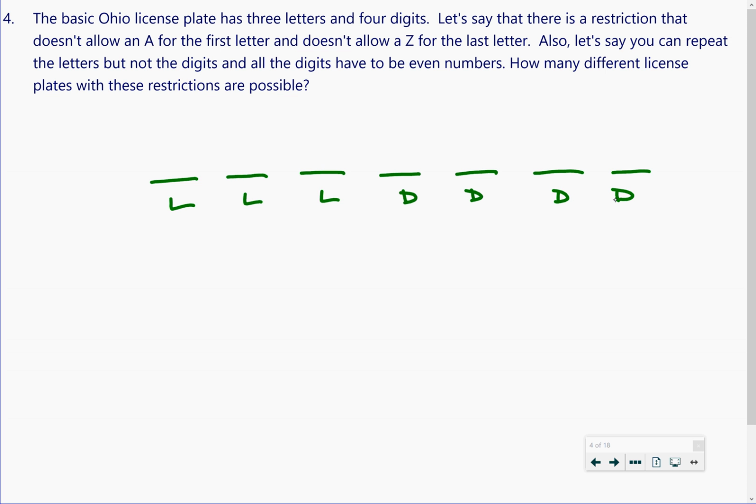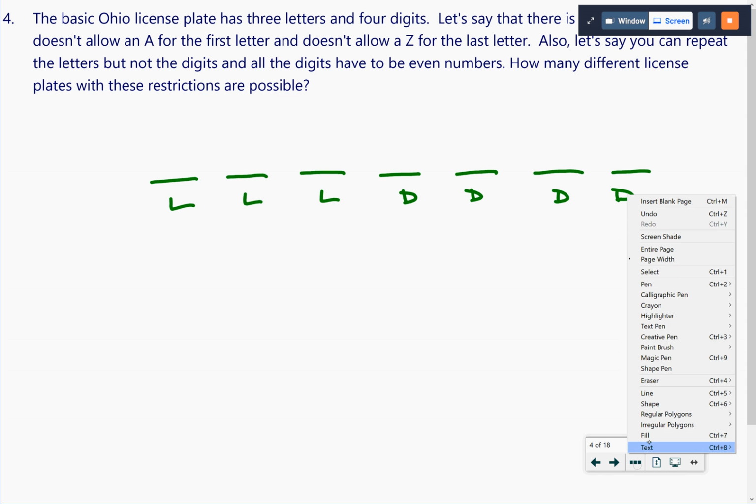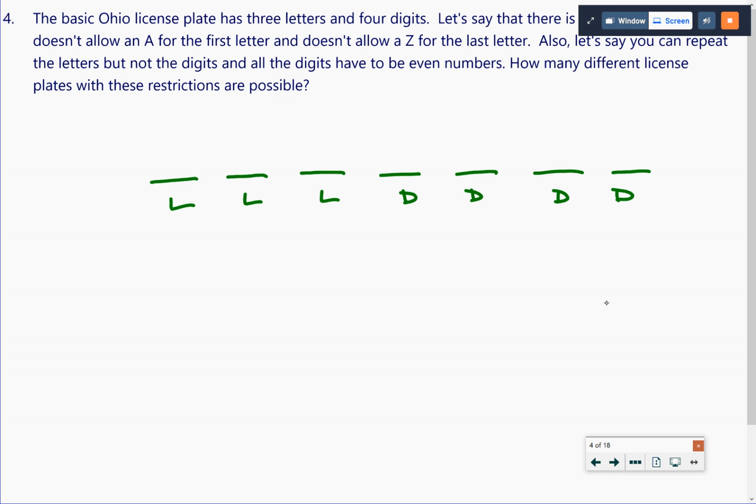Again, we're going to look at how many choices we have for each slot. How many choices do I have for the first letter? 25, because it can't be an A. How many choices do I have for the last letter? Well, 25, but also my letters cannot repeat.